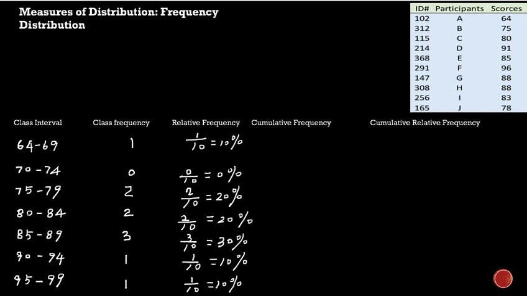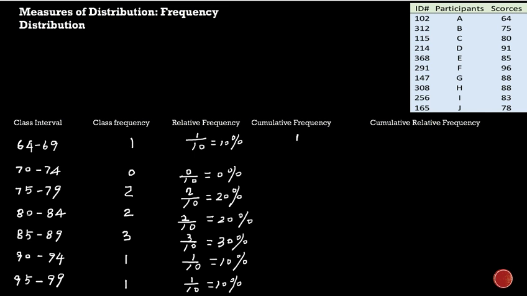Cumulative frequency. What is cumulative frequency? For the first category, it is 1.